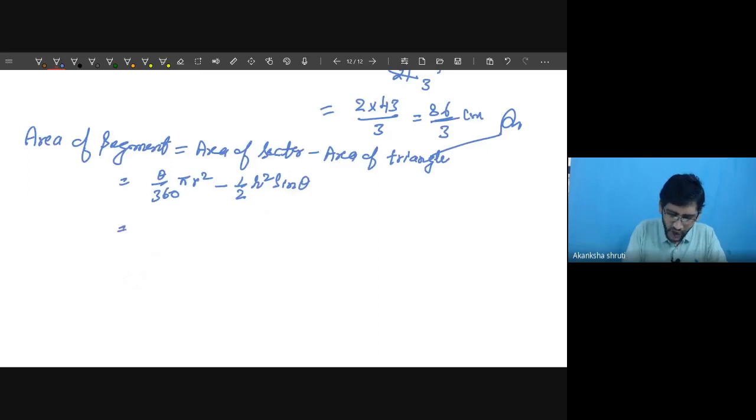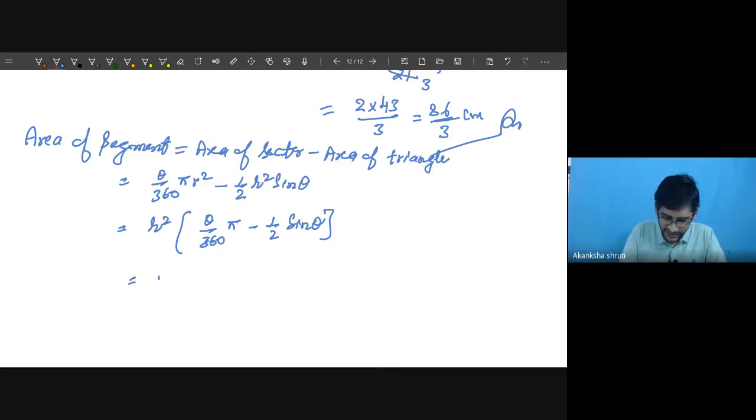If there is anything common, please try to take it common. R square is common, so take it outside first. So theta by 360 into r square taken out, pi minus 1 by 2 sine of theta. Even this is the formula that we had written earlier.